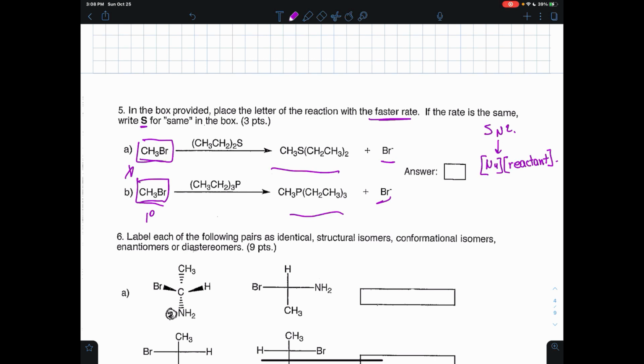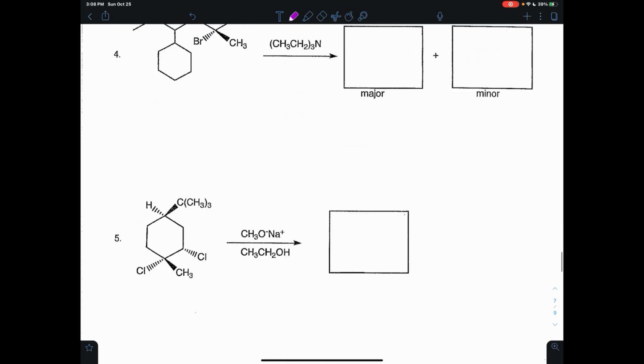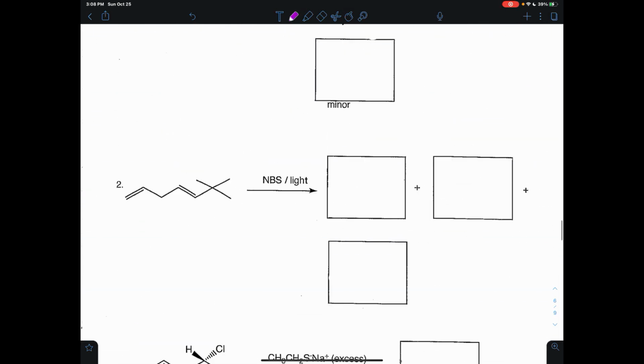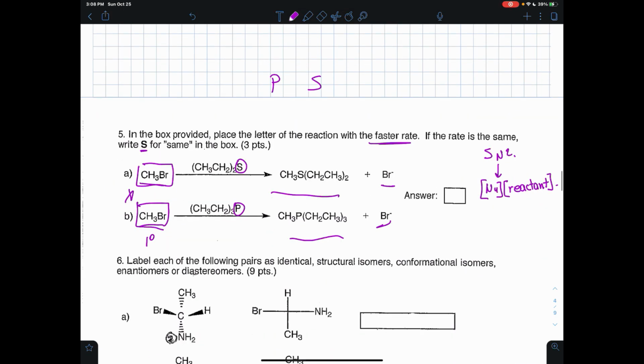Now if I look at the nucleophile, I notice this one has an S and this one has a P. If I look at the periodic table, I notice that phosphorus and sulfur come in this order, right?